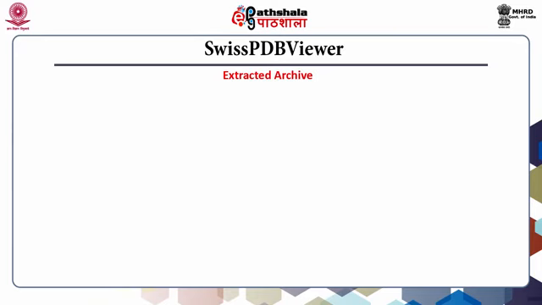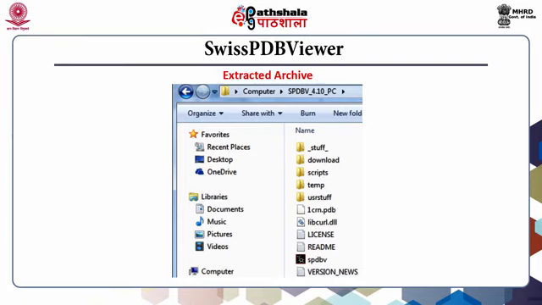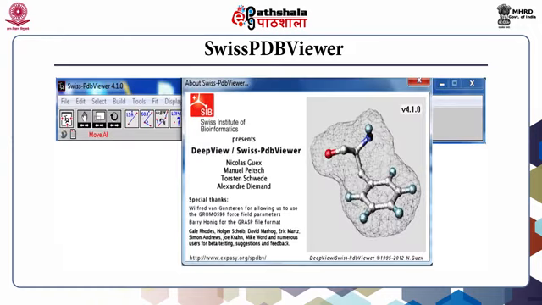The extracted archive of SwissPDBViewer is shown here, which has an executable file named spdb.exe, which can be run by a double click. To run SwissPDBViewer, double click the spdb executable file. This will start the SwissPDBViewer application and present a welcome splash screen. Read in the information and close the welcome screen.